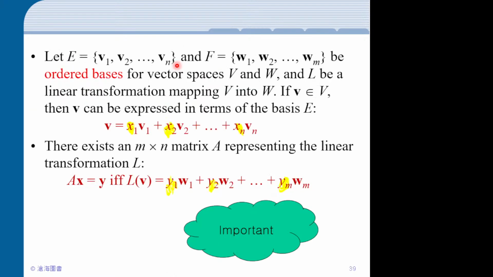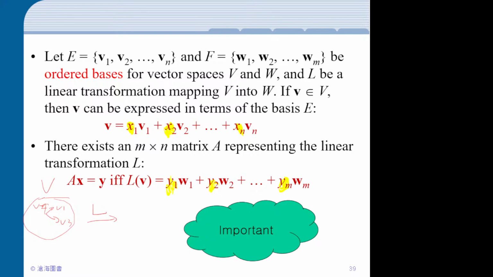Remember you have those elements V1, V2 to Vn, and so once again you check what LV1, LV2 to LVn are. Think about V here: you have V and its bases V1, V2, V3, and so on.